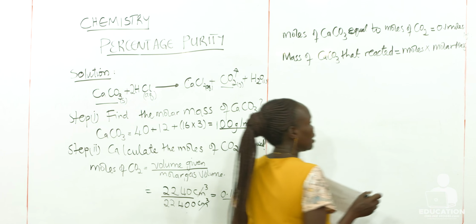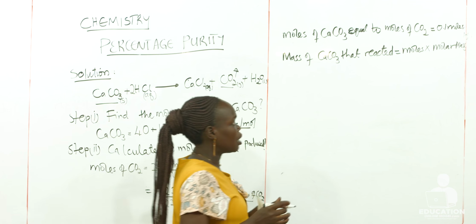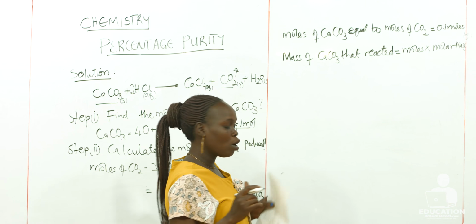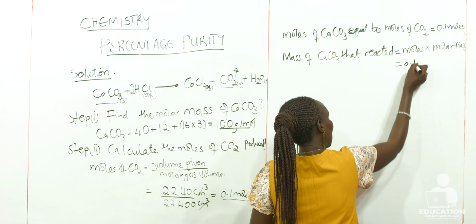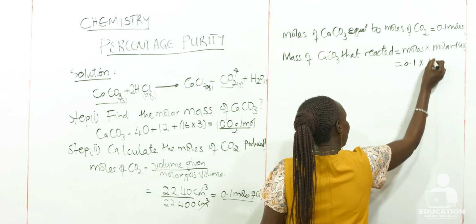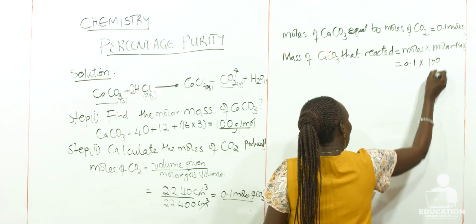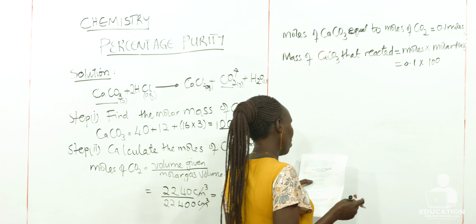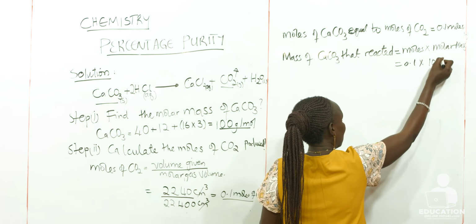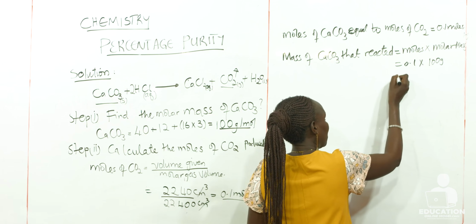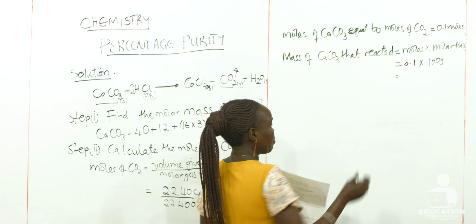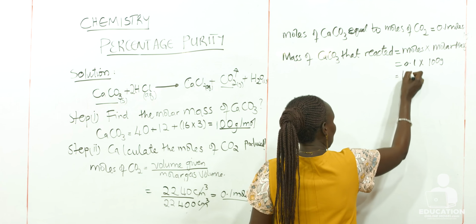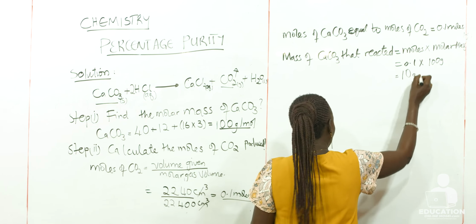The molar mass here is 100 and the number of moles is 0.1. So 0.1 multiplied by 100 will give us 10 grams.